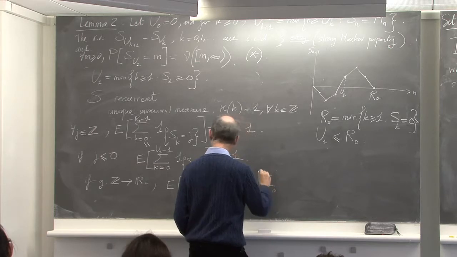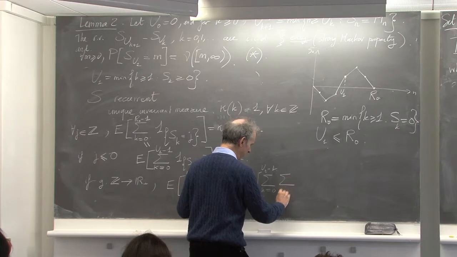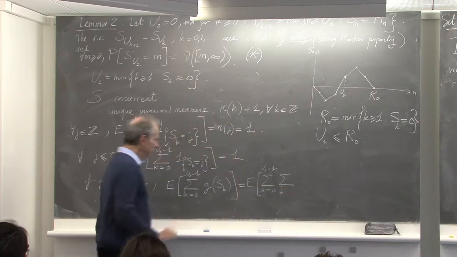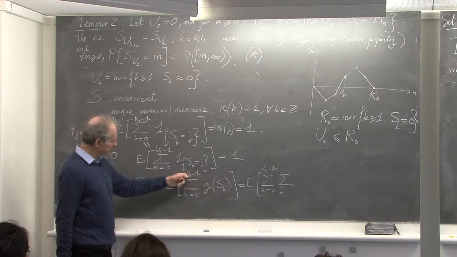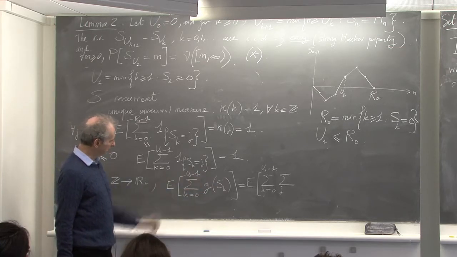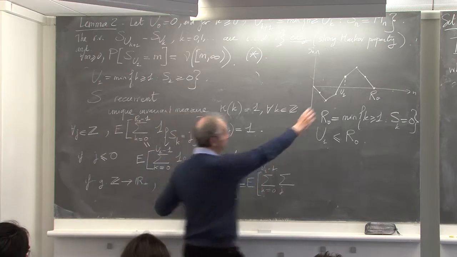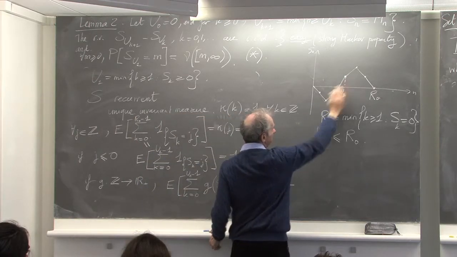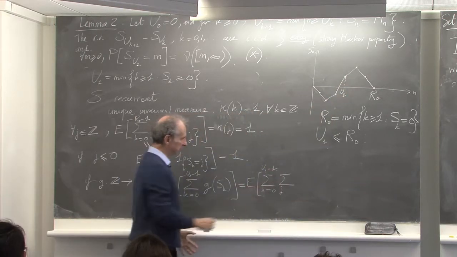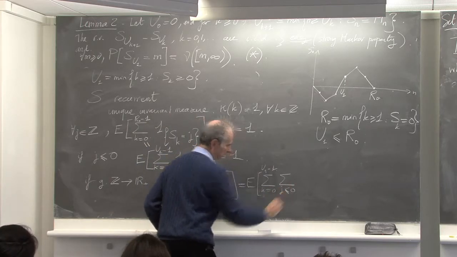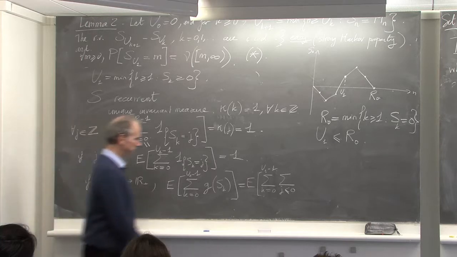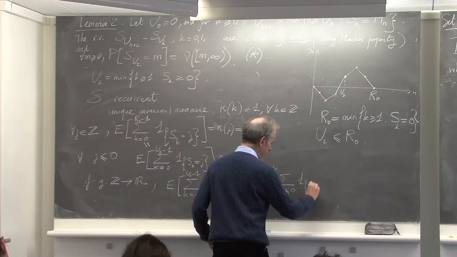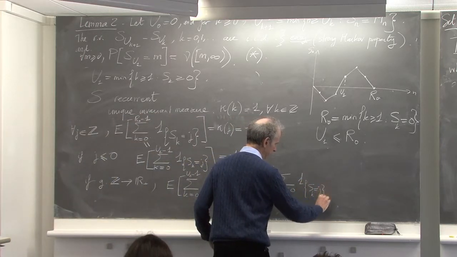I look at all the possible values of Sk, so I sum over j. Because I am before U1, before becoming non-negative again, the only values that may occur are non-positive values. Indicator function of Sk equals j, times g of j.